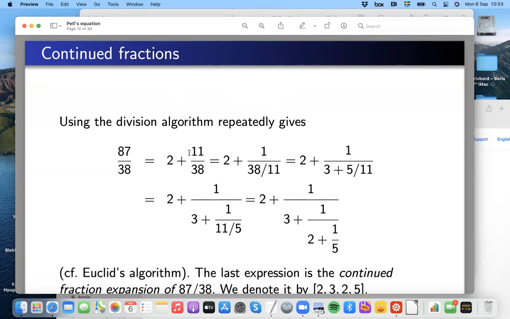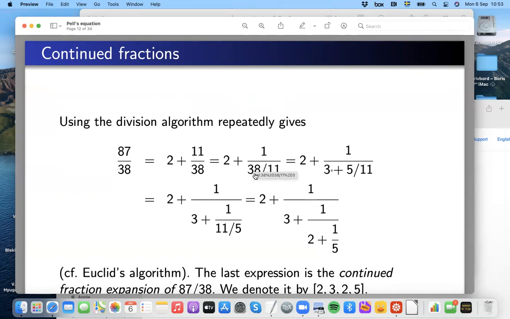The fractional part would be 11 divided by 38. Now, this fractional part is smaller than 1. But what you do, you write it as 1 divided by the inverse, and the inverse would be bigger than 1. So here we have 1 divided by 38 divided by 11. So this thing is bigger than 1.